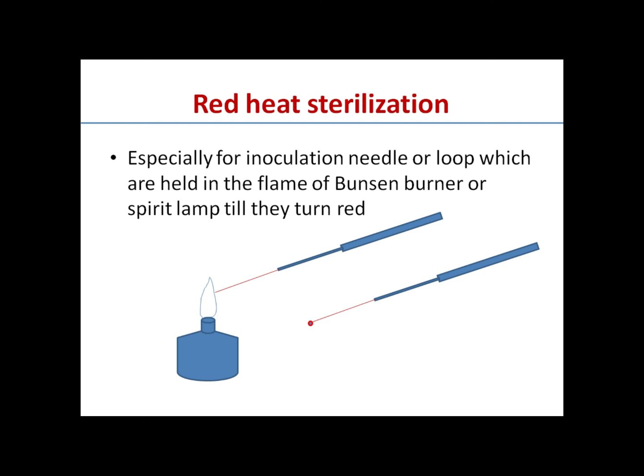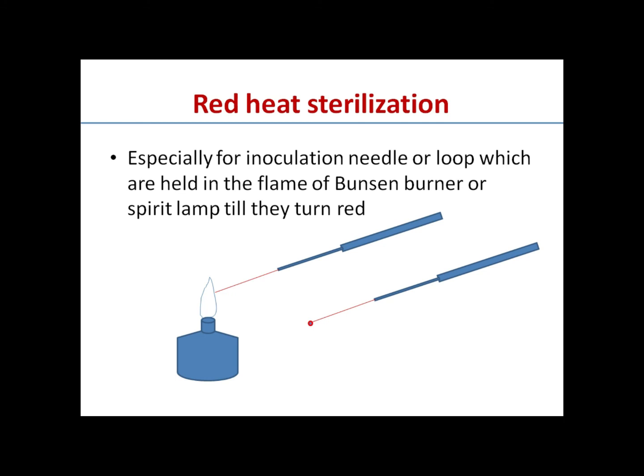So we do red heat sterilization once, then take the needle away from the flame so that it cools down and comes back to its original color. Then we take it again to the flame so that it becomes red hot again. By doing this repeatedly 2 or 3 times, we ensure that this needle is fully sterilized.